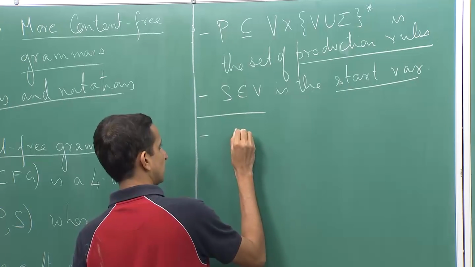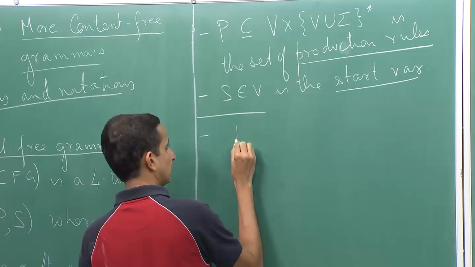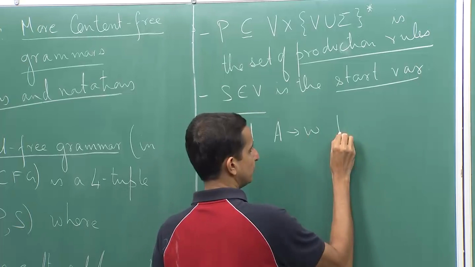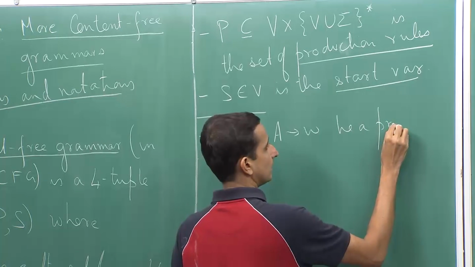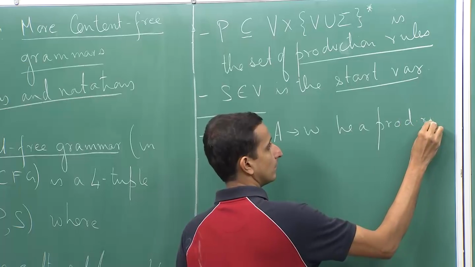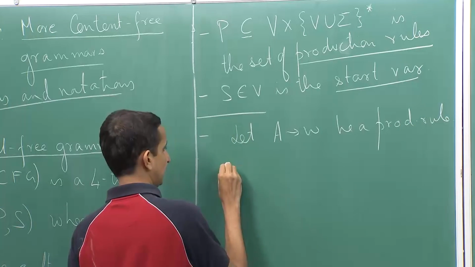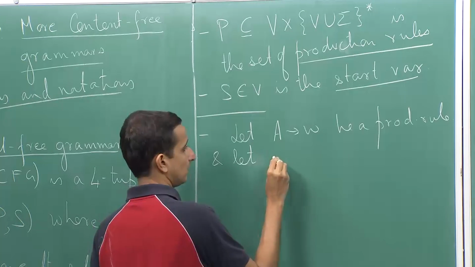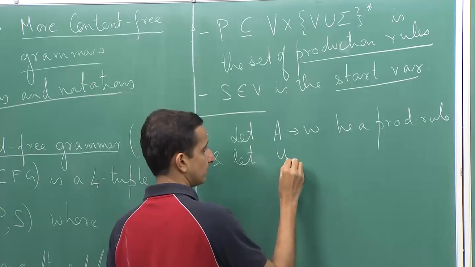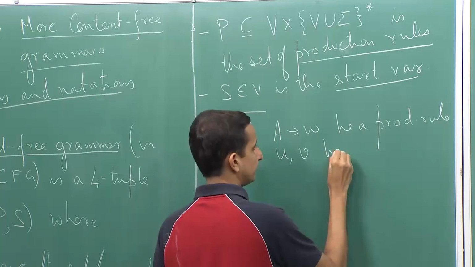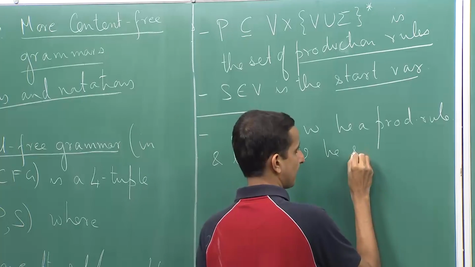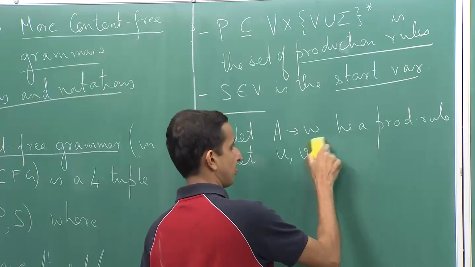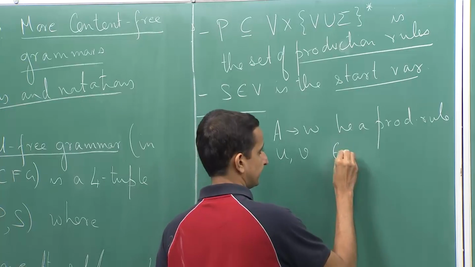So, let A going to W be a production rule, and let U and V be strings in (V union Sigma) star. Okay, so I'll just write it in a shorthand notation.